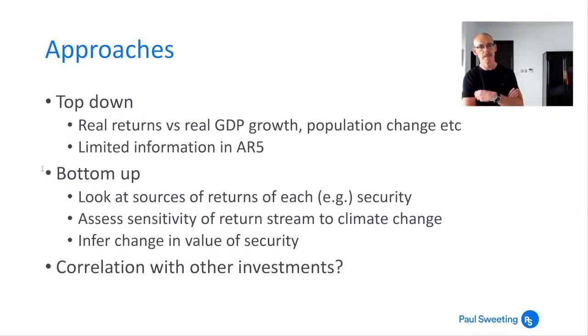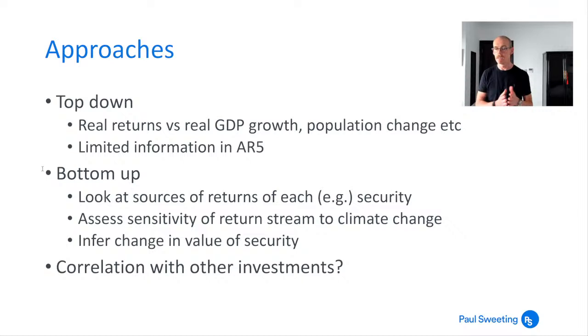So looking at what the impact might be, I think looking at these longer time horizons and these bigger factors, things like how GDP growth affects the market generally, is not an unreasonable approach. It also means there needs to be a little bit of caution used when we're looking at a bottom-up type approach. So looking at the sources of return of each security, assessing the sensitivity of that return stream to climate change, and inferring the change in the value of the security.